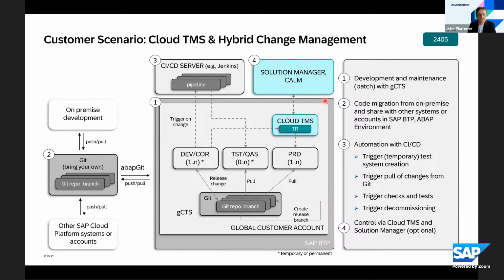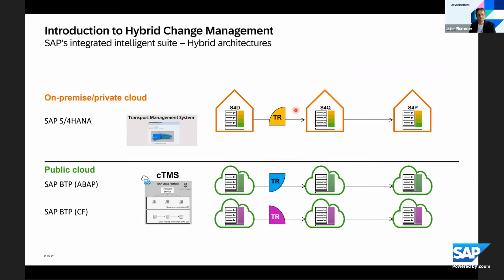So what you typically have is one typical customer who has an on-premise SAP S/4HANA. They're in the automotive industry, and most of their processes are in their on-premise S/4 systems, and these are managed, together with their on-stack extensions, by their classical transport management system on-premise.